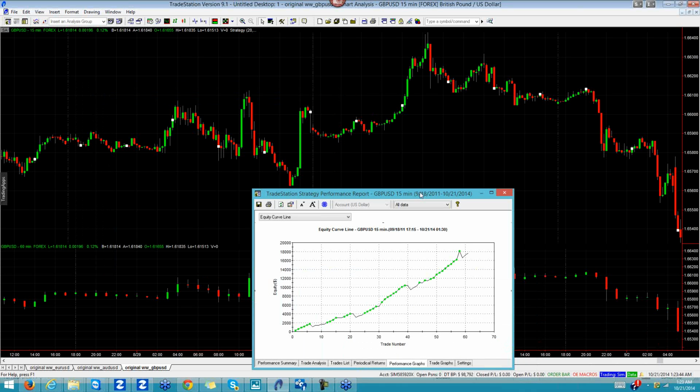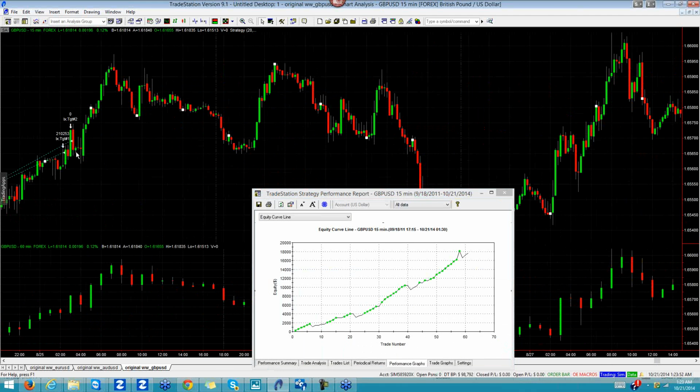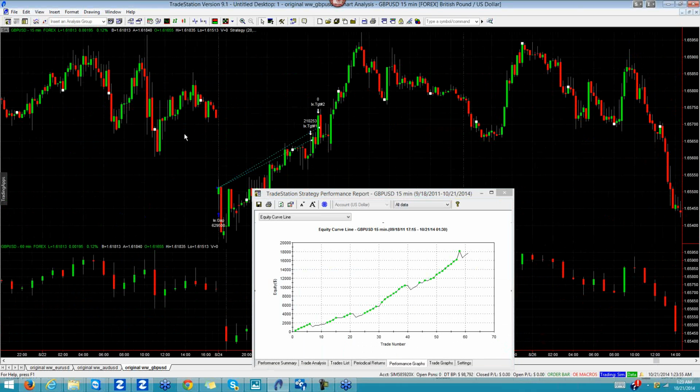The gap trade has to be taken at the market open at 5 p.m. Eastern time. So some brokers don't even open then. You can see how powerful that can be.